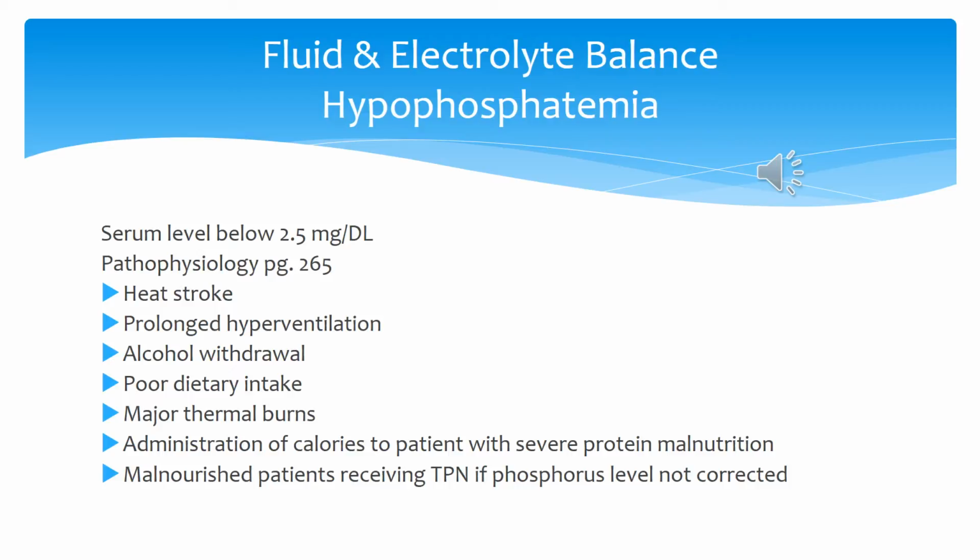Marked hypophosphatemia may develop in malnourished patients who receive parenteral nutrition if the phosphorus loss is not corrected. Other causes of hypophosphatemia include heat stroke, prolonged intense hyperventilation, alcohol withdrawal, poor dietary intake, diabetic ketoacidosis, respiratory alkalosis, hepatic encephalopathy, and major thermal burns.